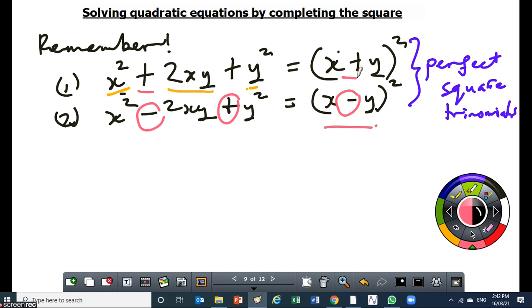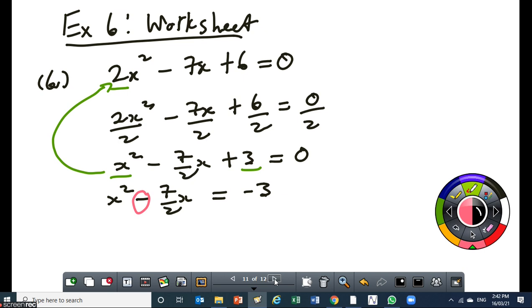To do that, as I told you earlier in the morning, it's not that complicated. All you have to do is look at the coefficient of x. It's negative 7 over 2. So you need to find half of minus 7 over 2.